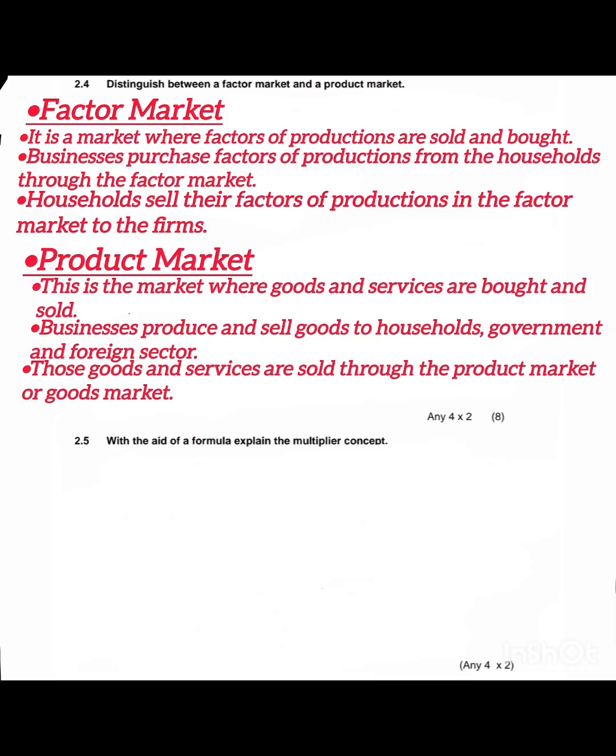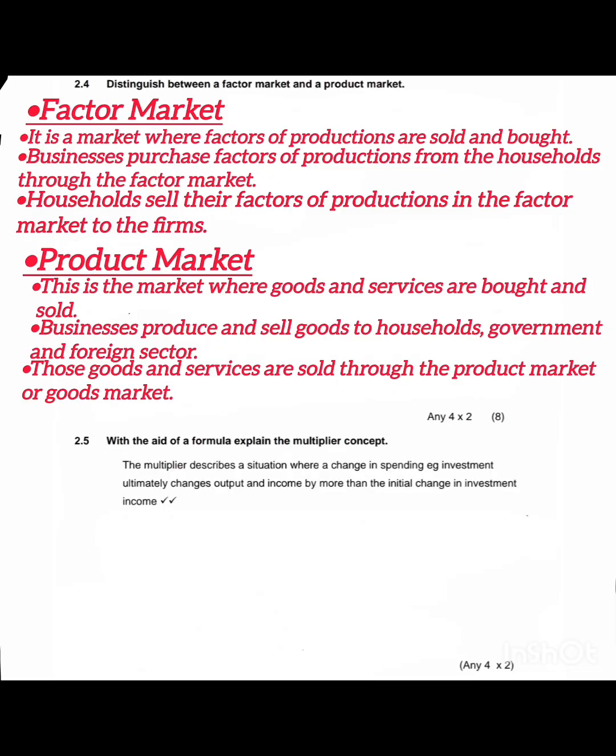2.5. With the aid of a formula, explain the multiplier effect. We can define what is multiplier. So the multiplier describes a situation where a change in spending, e.g. investment, ultimately changes output and income by more than the initial change in investment.